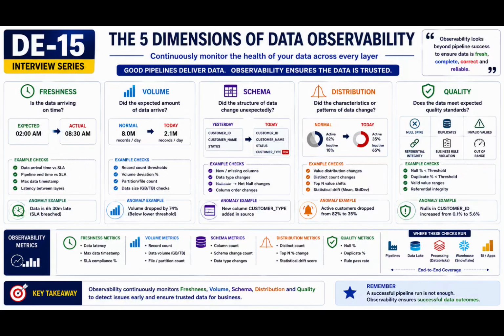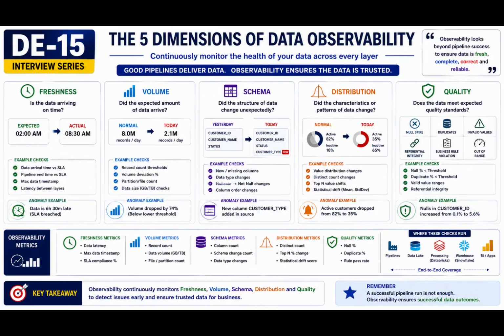Then the fourth one is distribution. Distribution monitoring is a more advanced concept. It does not simply check whether the data exists. It checks whether the characteristics of the data have changed significantly. For example, normally active customers are 82% and inactive customers 18%. But today, active customers are 35% and inactive customers are 65%.